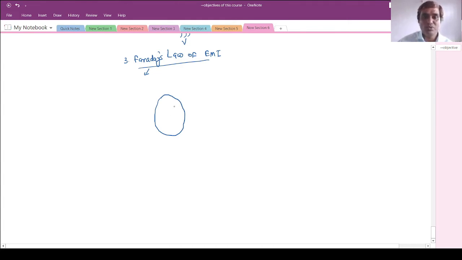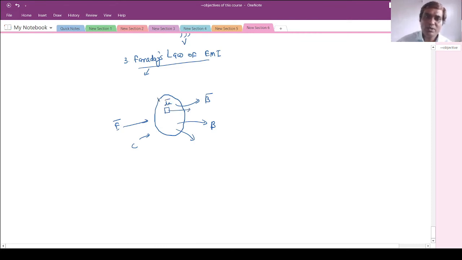So suppose this is my closed loop and the magnetic flux density is coming out like this. Suppose there is an electric field E bar, this is my contour C, and let me take an infinitesimally small area, moving in this direction.